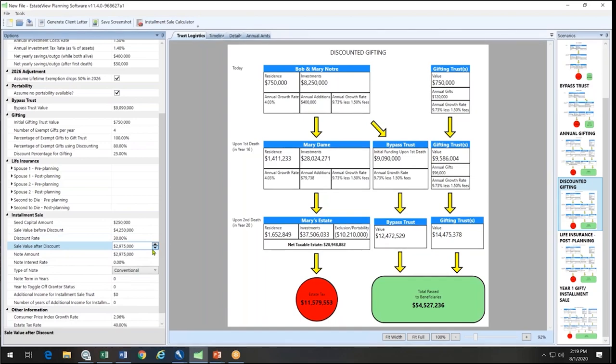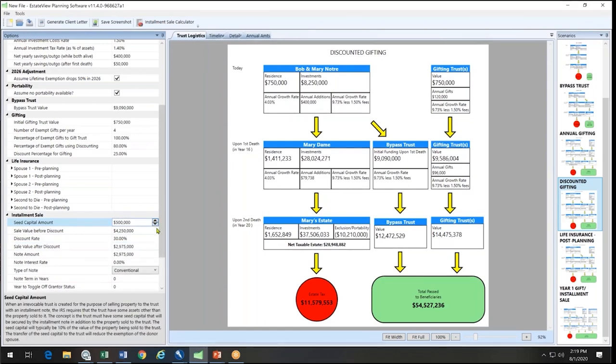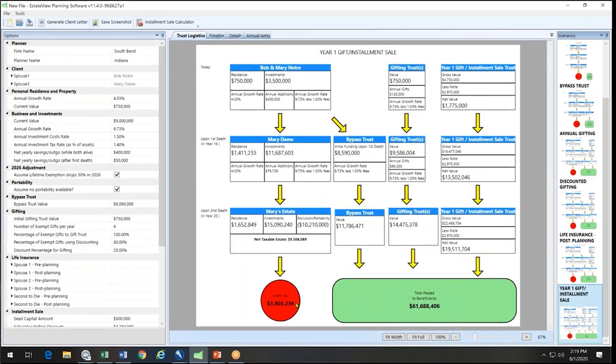That's a $2,975,000 transfer. I will increase the seed capital gift to $500,000. I'll click here under installment sale, and their estate tax has gone down to $3,008,000.